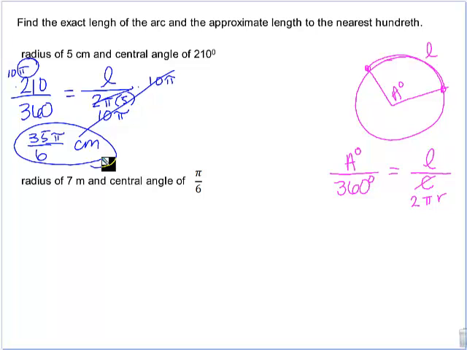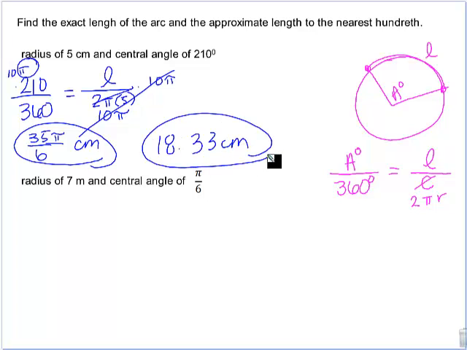So in your calculator, take it and times it by pi. What do you have to the nearest hundredth then? So 35/6 times pi. Right, that's what it says up there, 35/6 pi. So just put it in your calculator. What do you end up getting? 18.33 centimeters. So there we are, exact and to the nearest hundredth.